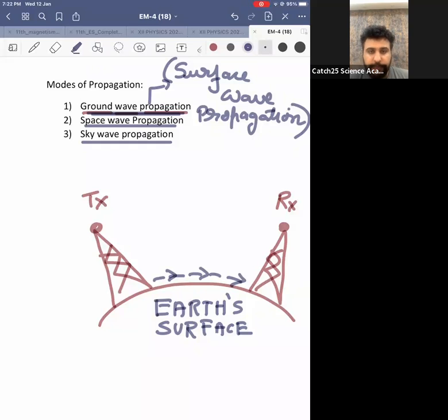When radio waves travel from transmitting antenna to receiving antenna along the surface of the earth, it is known as ground wave propagation.